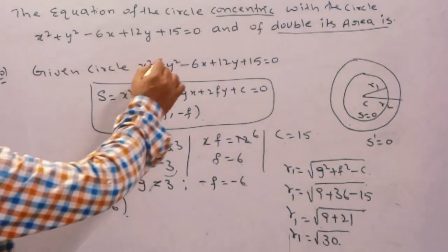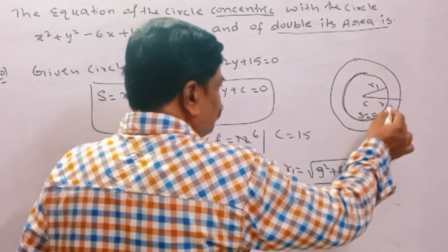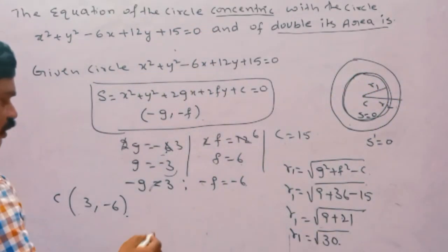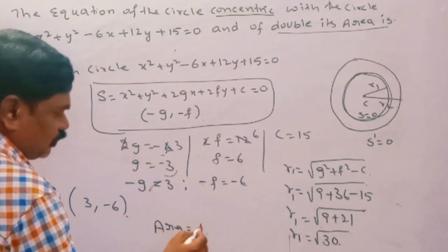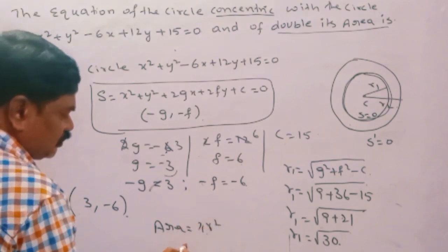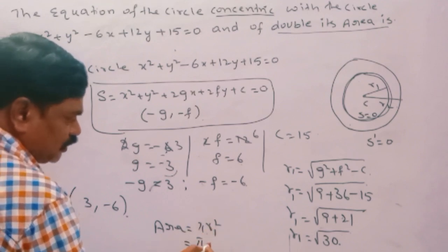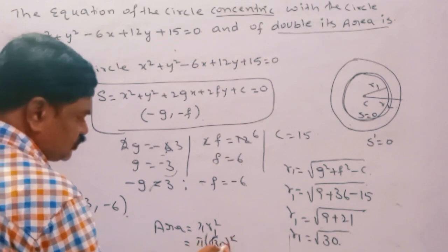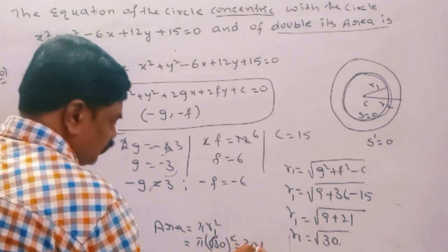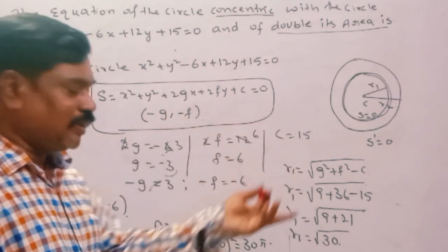Then the area of the given circle is pi r square, which is pi into r1 square, that is root 30 whole square. This is equal to 30 pi. And here double the area.